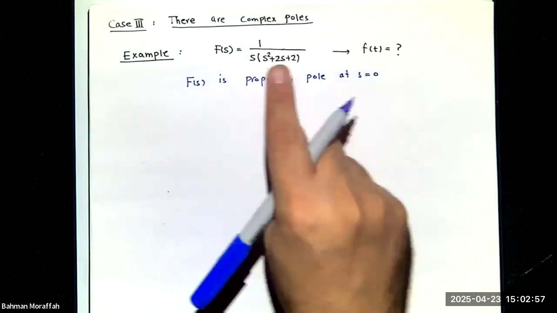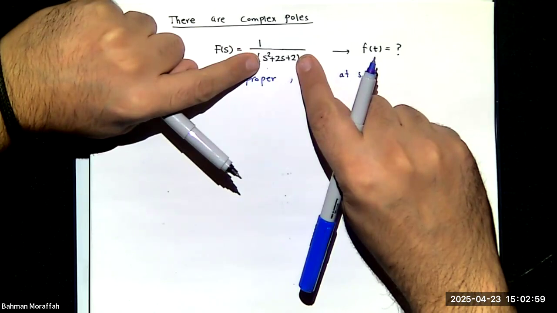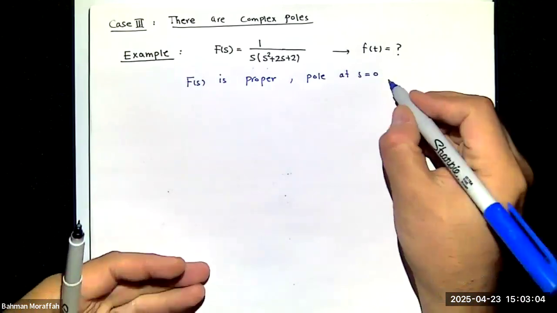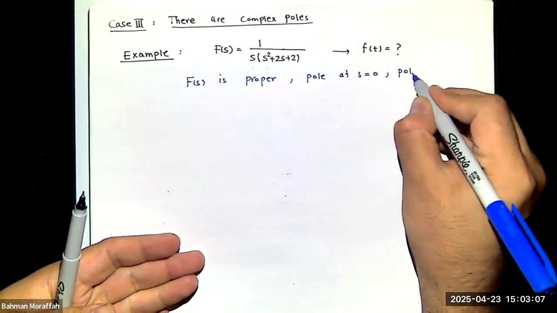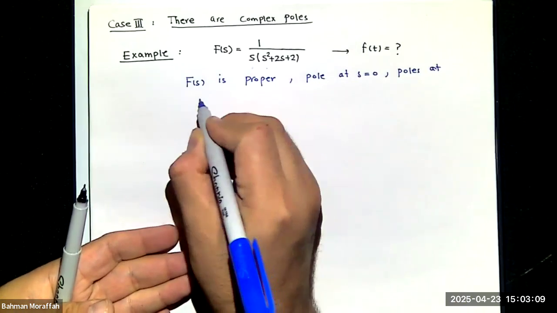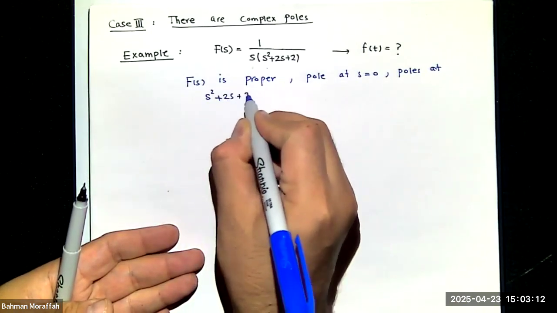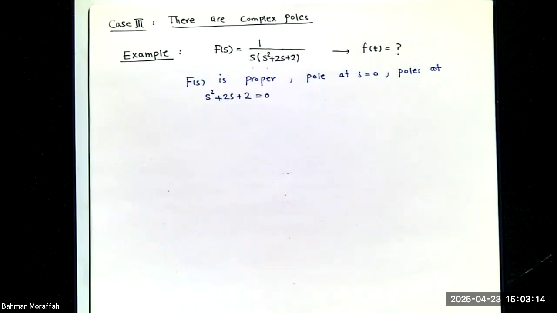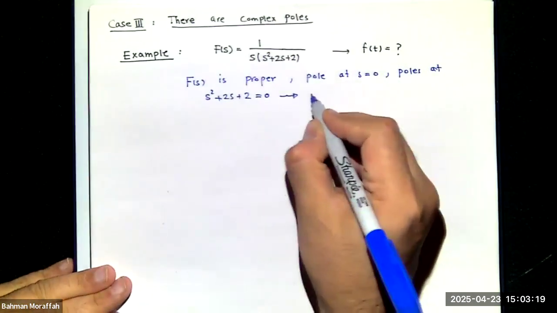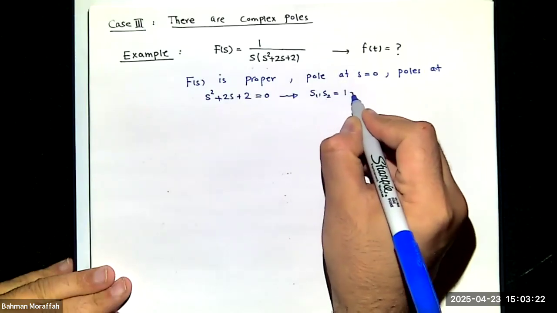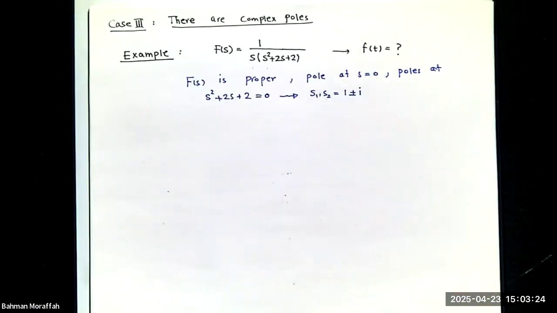And I have poles at the roots of s squared plus 2s plus 2 equal to 0. If I solve it, the roots here are complex roots. So I can't do anything. I don't have any shortcut.